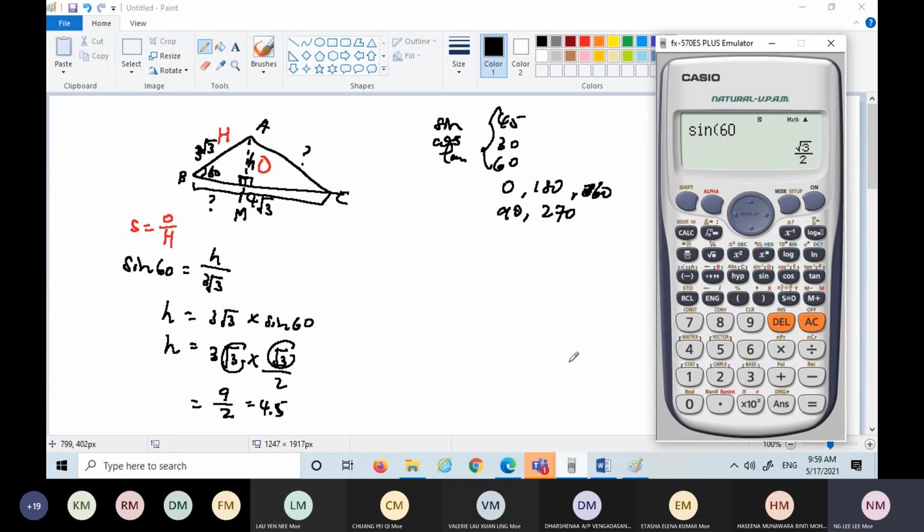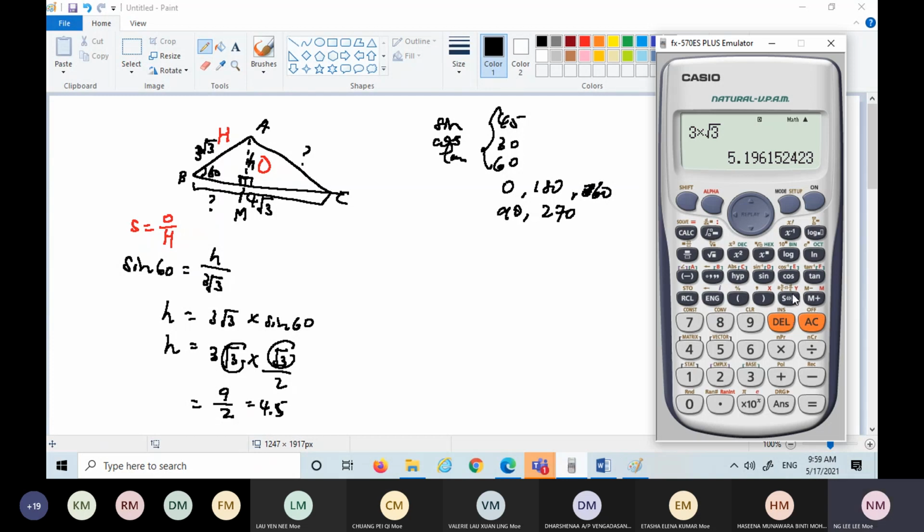As you say, the 3 square root 3 is the hypotenuse of this triangle ABM. Let's try 3 times square root of 3. Now, 5 point something. So it's the hypotenuse, the longer side of this triangle ABM, but the BM I don't know.